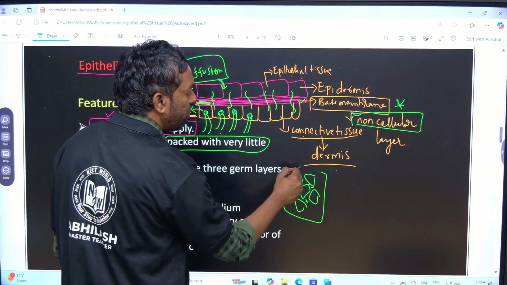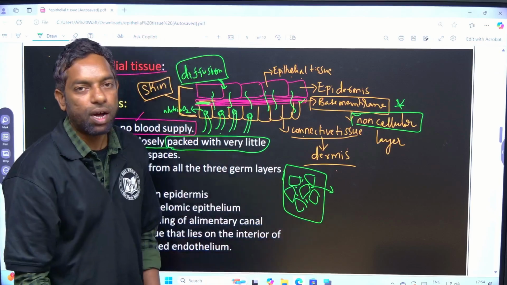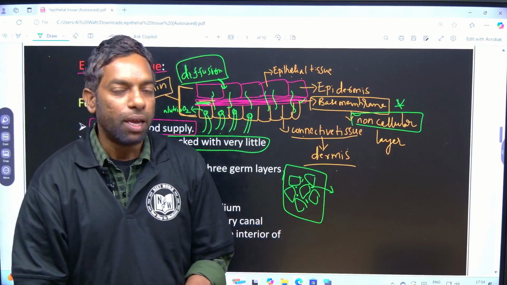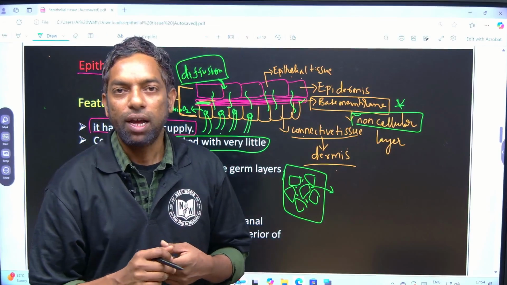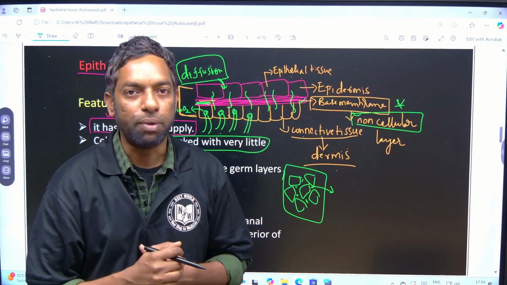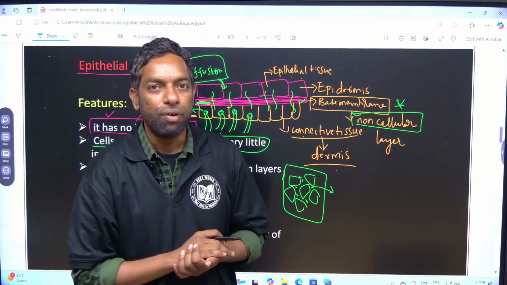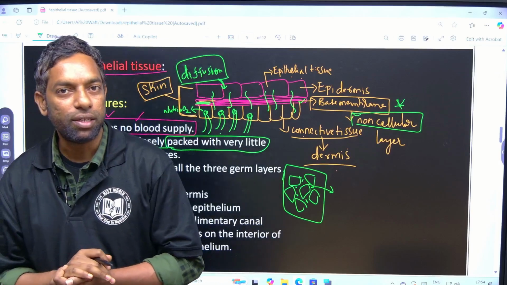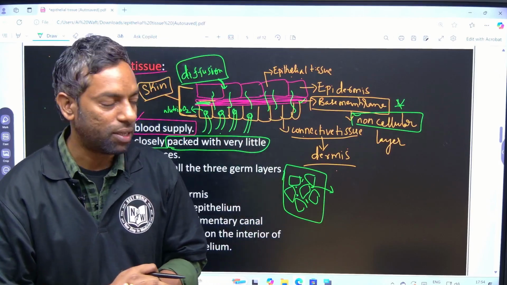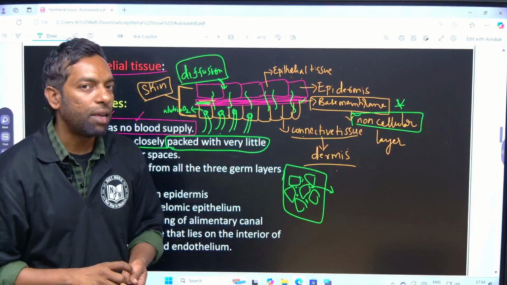This is also one of the features. They might ask a question: epithelial tissues are tightly bound together and there is no intercellular space, or another option, there is a narrow intercellular space. Guys, there is a space, but the cells are tightly packed.